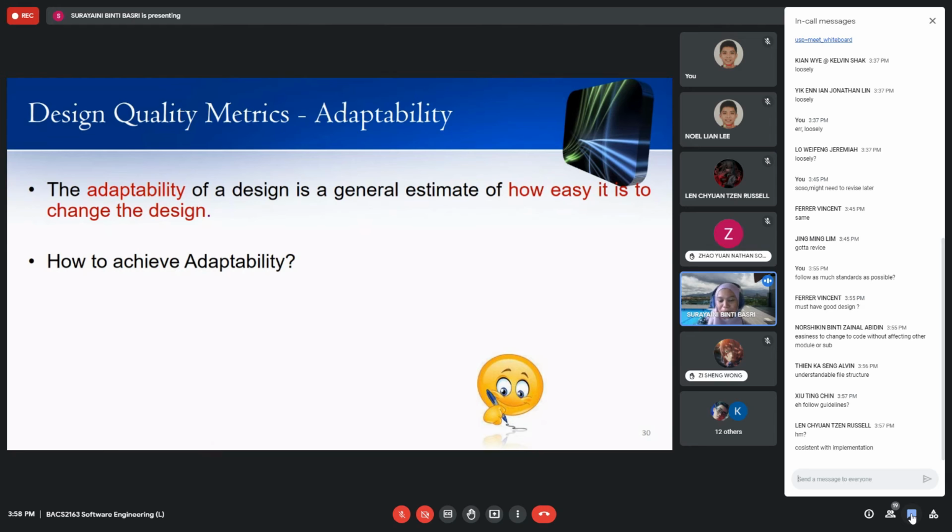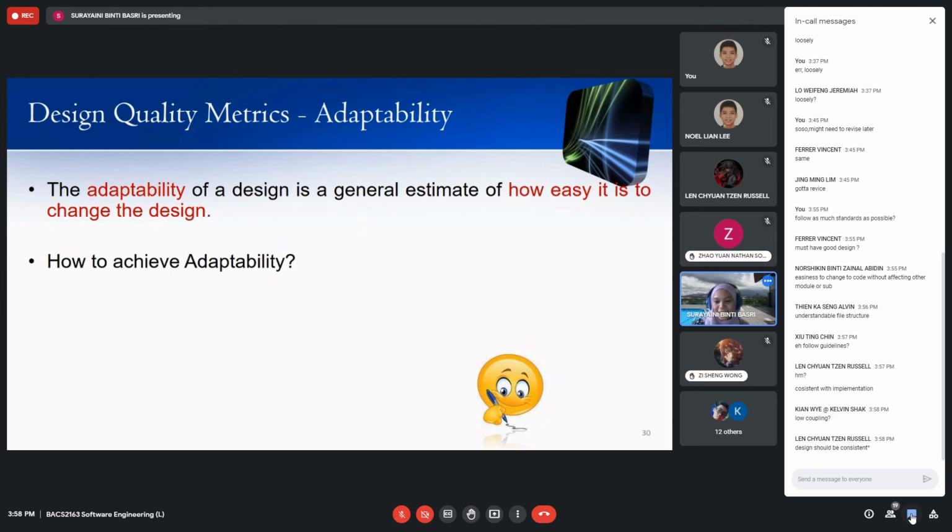So actually, some of the answers here are already close. Design should be consistent. Okay, and Kelvin said low coupling.